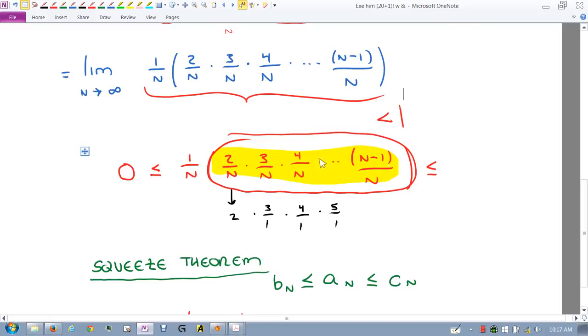The thing is, these keep going up, right? But look at this last term right here. Look at this last one. Isn't this term, that last one right there, would you agree that that's always less than 1? Yes? That's less than 1? So is the one before it less than 1?